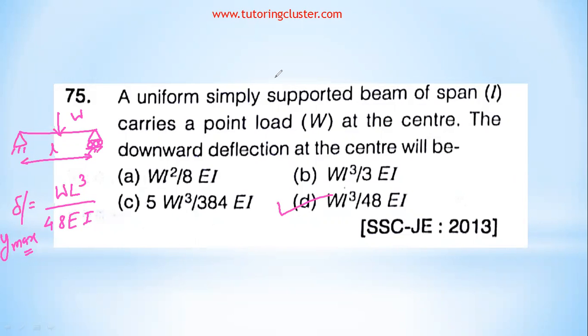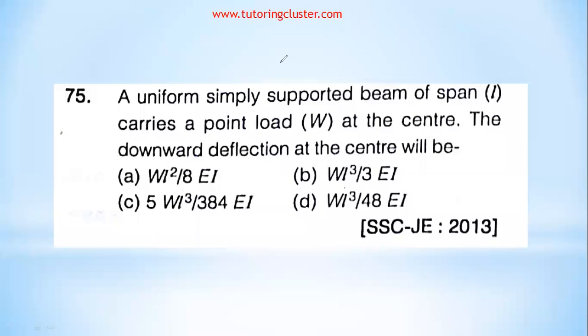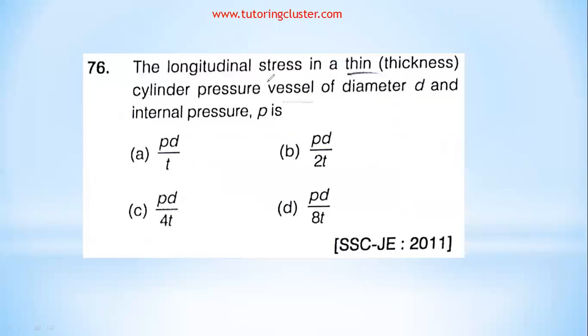Next, 76. Longitudinal stress in a thin cylinder pressure vessel of diameter D, internal pressure P is given by. Two types of stresses are there.